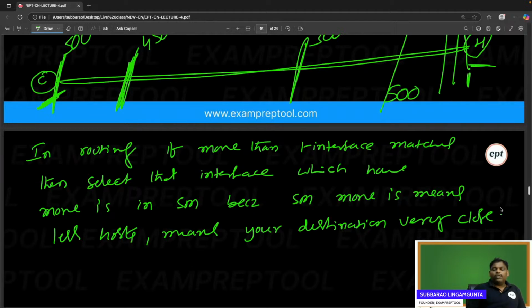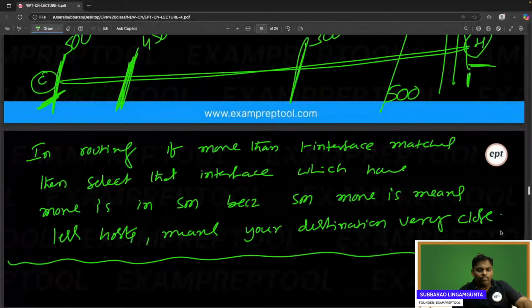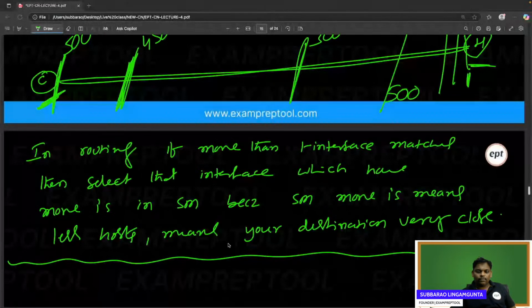In the routing table, if more than one interface matches, then select that interface which has more ones in the subnet mask, because more ones in the subnet mask means fewer hosts. That means your destination is very close. Is it okay? Fine.